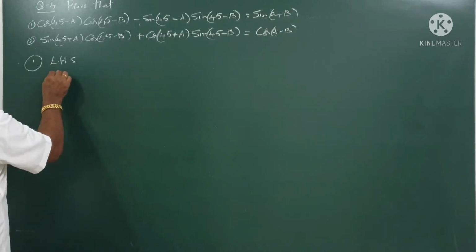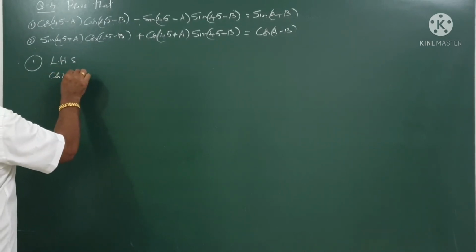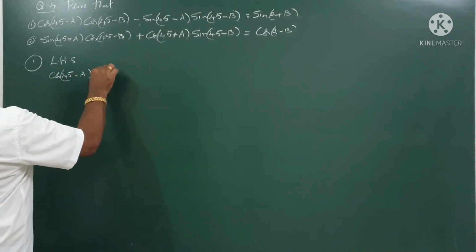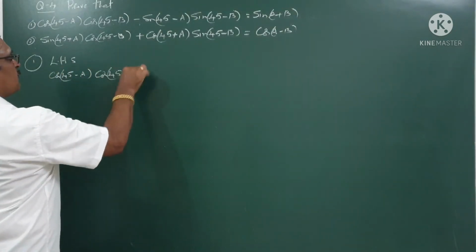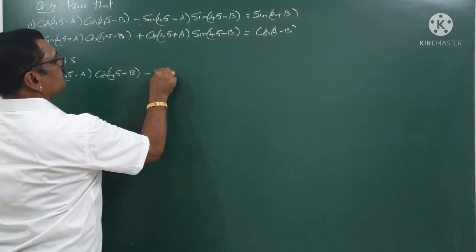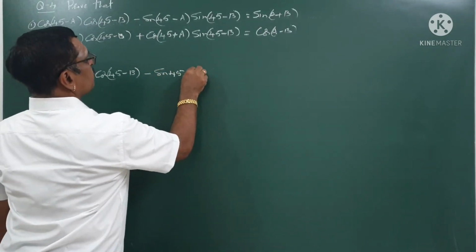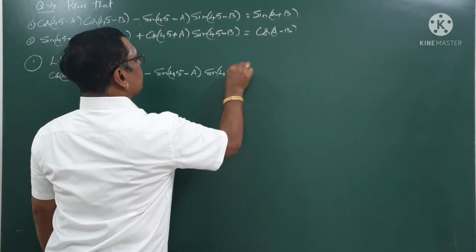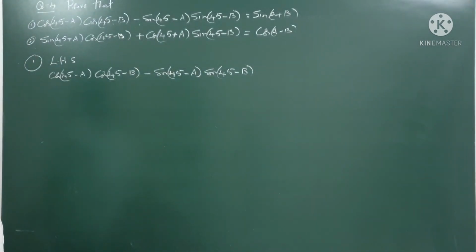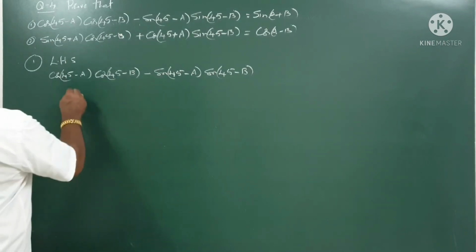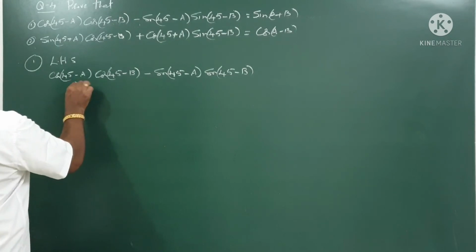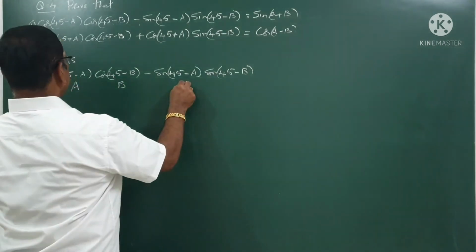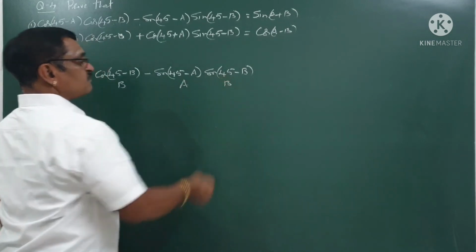It is cos(45 minus a) cos(45 minus b) minus sin(45 minus a) sin(45 minus b). Now, if you look carefully, it looks like an identity. I will take this as a, this is b, this is a again, this is b.